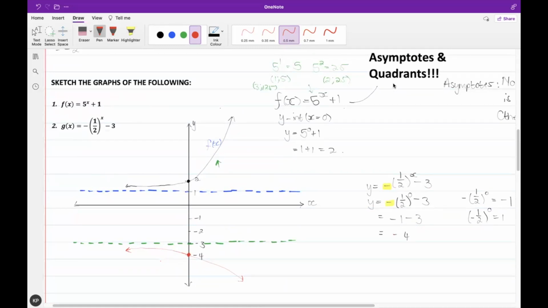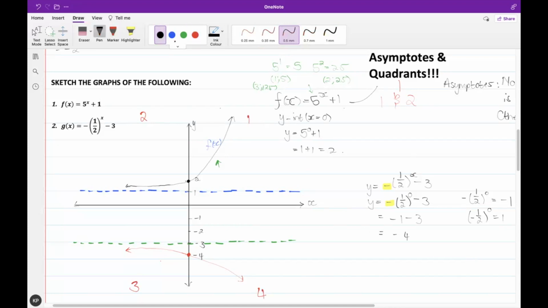Now, when we speak about quadrants, right? Quadrants, we said if your graph has a positive a, whether it's a fraction or it is a whole number, but it is positive, then it is in quadrants 1 and 2. Just to remind us how we number quadrants again, this is the first one, second one, third one, and fourth one.